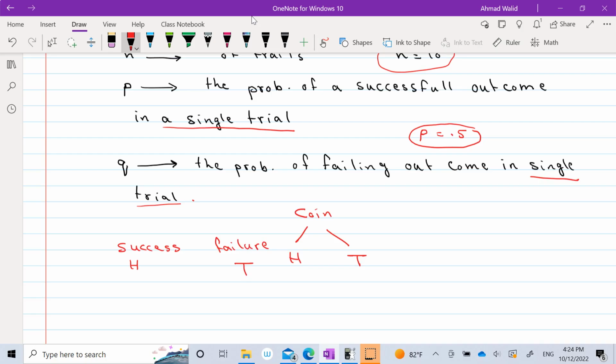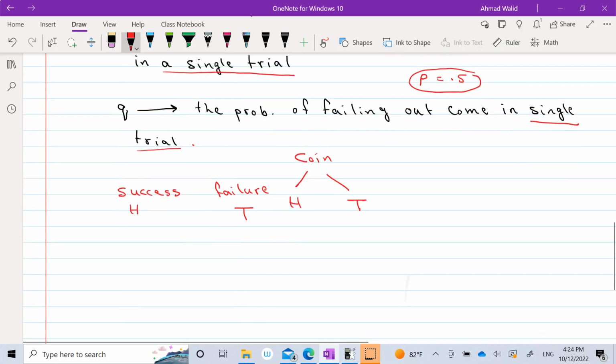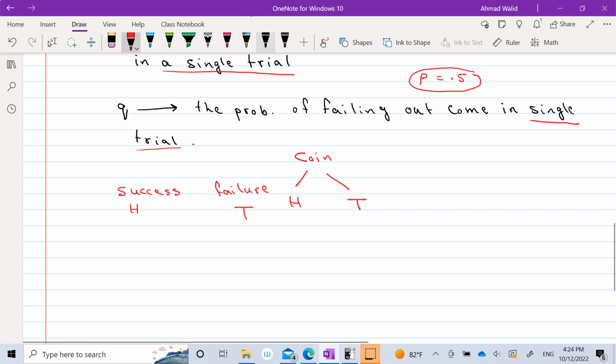What is the probability of having a head when you flip once a coin? Correct? Your probability, lowercase p, is, I told you, 0.5 or 50%. What is the probability of failure? The probability of failure is, of course, also 0.5.